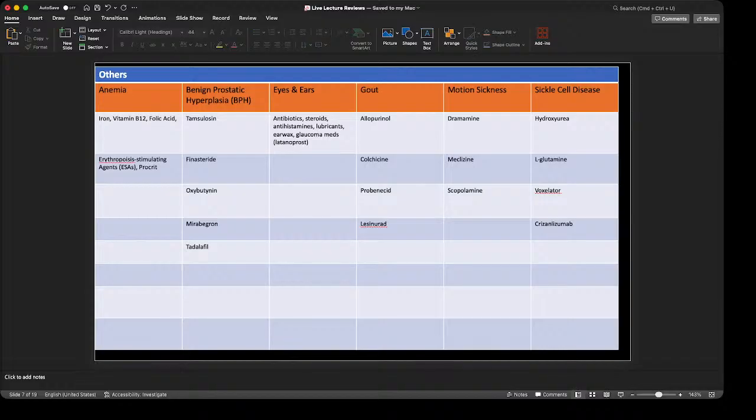Vitamin B12, iron, folic acid, all of that for anemia is important.